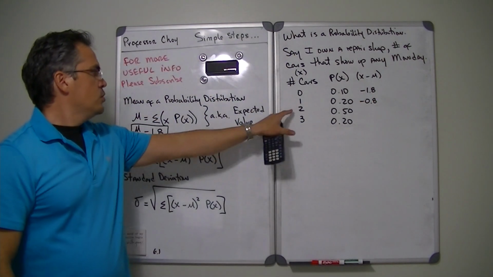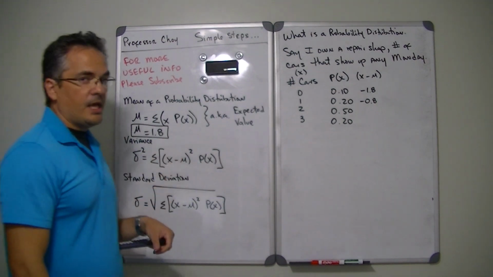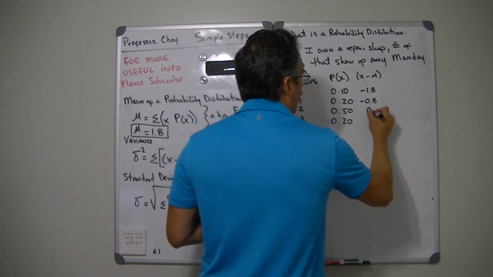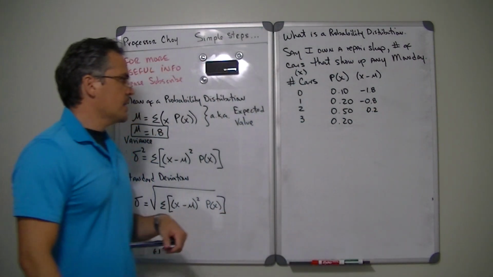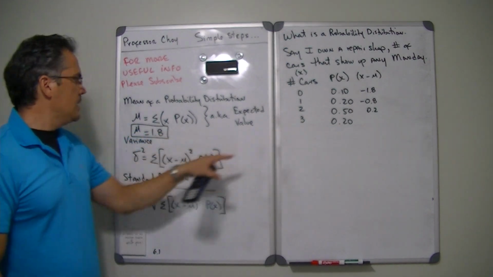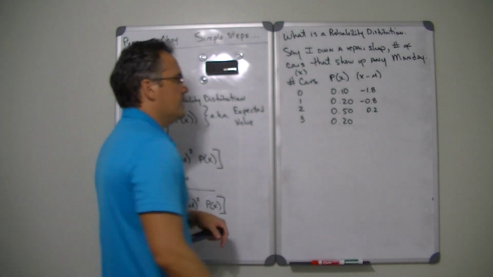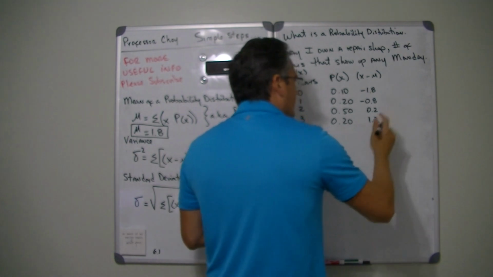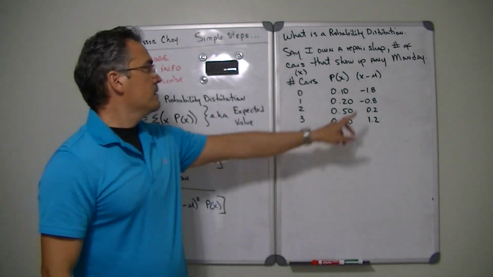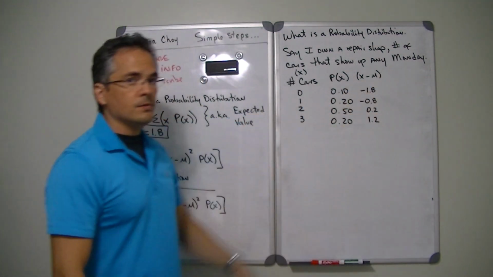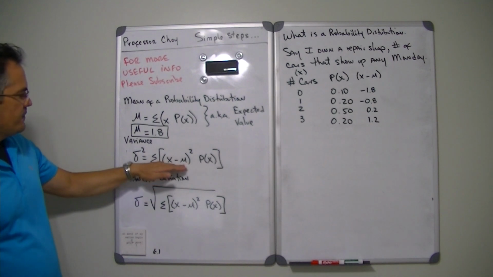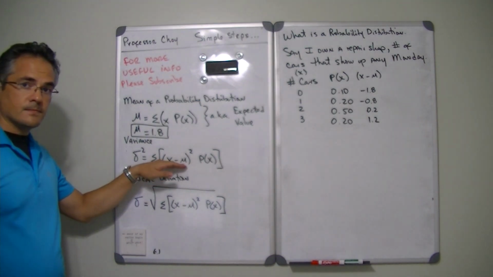Then I'm going to do 2 minus 1.8, that's going to give me 0.2. And then I'm going to do 3 minus 1.8, and that's going to give me 1.2. Again, I'm doing x minus mu, which is the first step on my formula to calculate the variance.